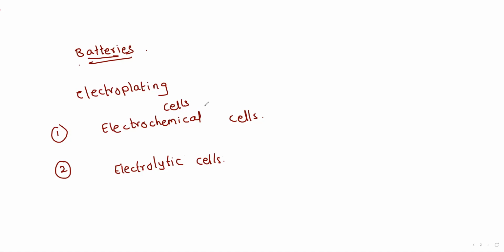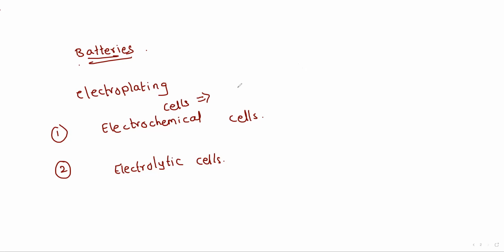Now you will think, what is a cell? Cell has different definitions in every subject. In biology you have a different meaning, in chemistry a different meaning, in physics a different meaning. So basically, cells are devices which are capable of converting chemical energy to electrical energy and vice versa, that is, electric energy to chemical energy.